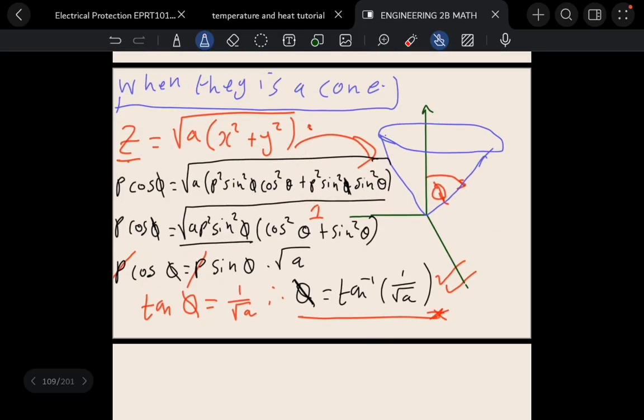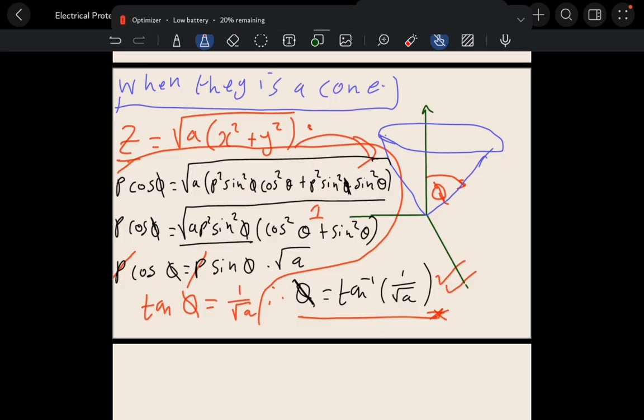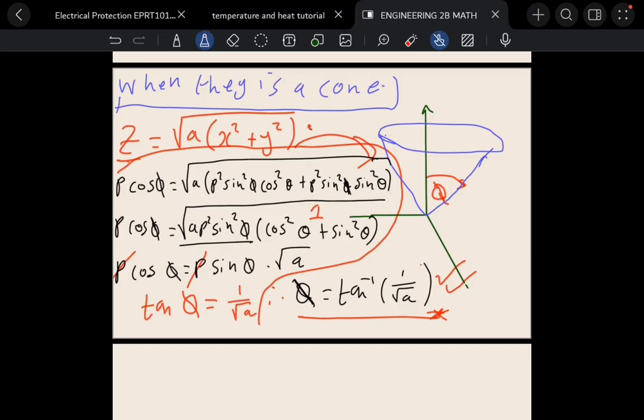There is no need of you doing this in an exam. I see a lot of books doing this thing here, which is nonsense. Just know that whenever there is a cone, use this equation to find your value of phi.